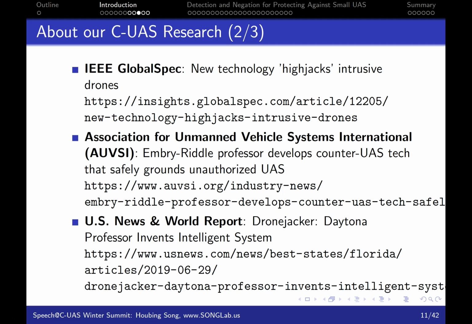Also, I believe everyone knows, the IEEE Global Specification, Engineering 360: new technology hijacks intrusive drones. Also, the Association for Unmanned Vehicle Systems International: Amarillo professor develops Counter UAS tech that safely grounds unauthorized UAS.